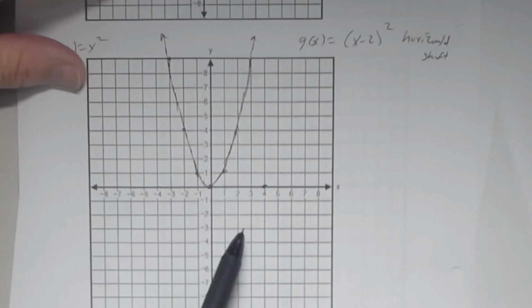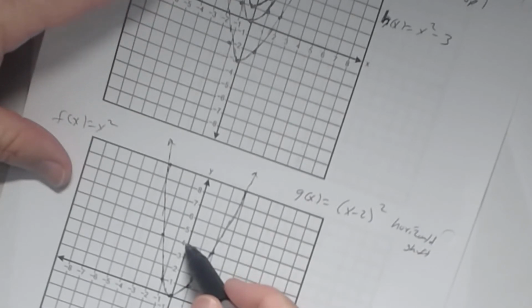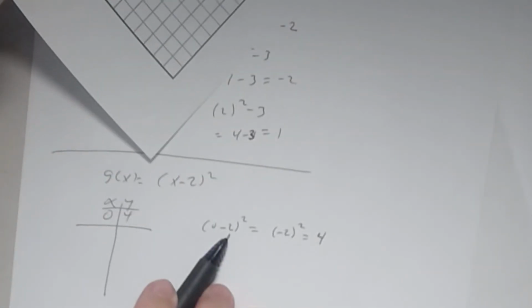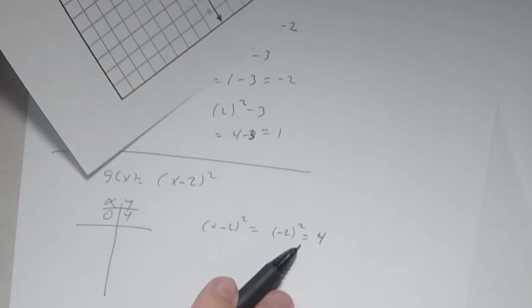Could you show me the work for that one? So I could just write 0 minus 2 squared, which is negative 2 squared. Negative 2 times negative 2 is 4.